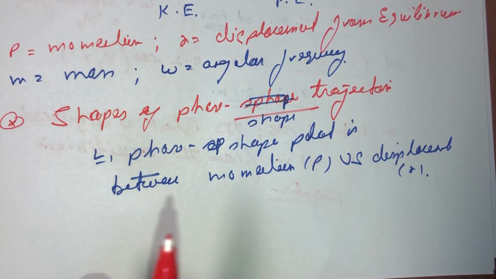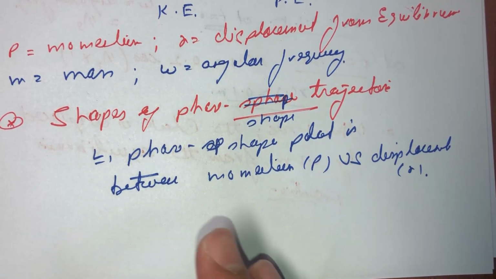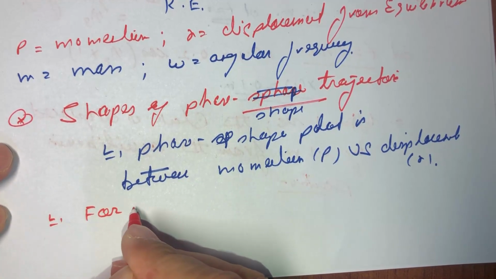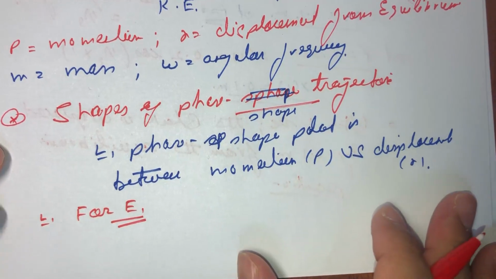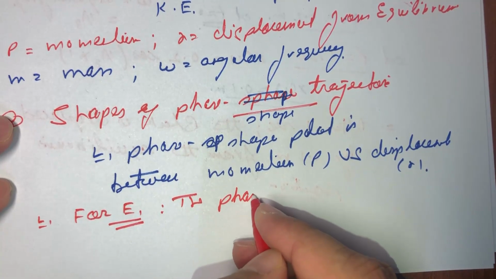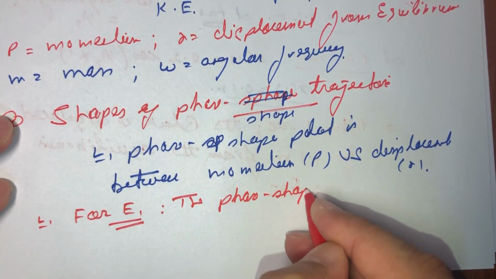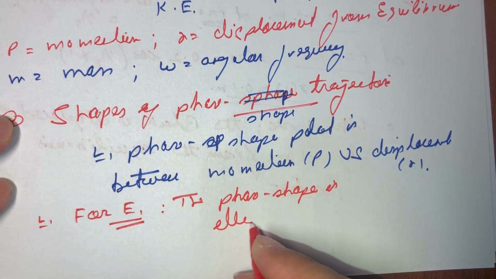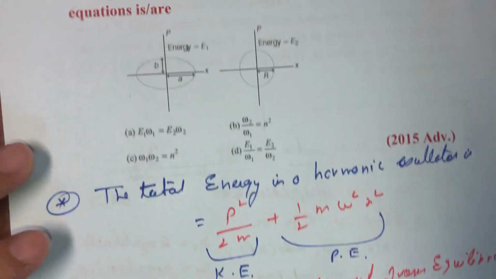So for energy E, the shape is in the form of an ellipse. So I can write that for E1, the phase shape is an ellipse, and the general equation of the ellipse is x square upon a square plus y square upon b square is equal to 1.